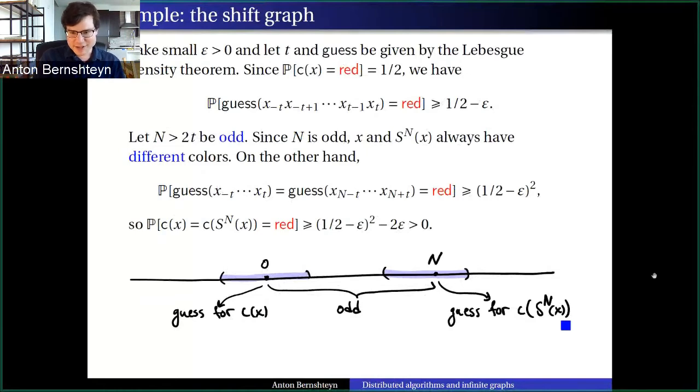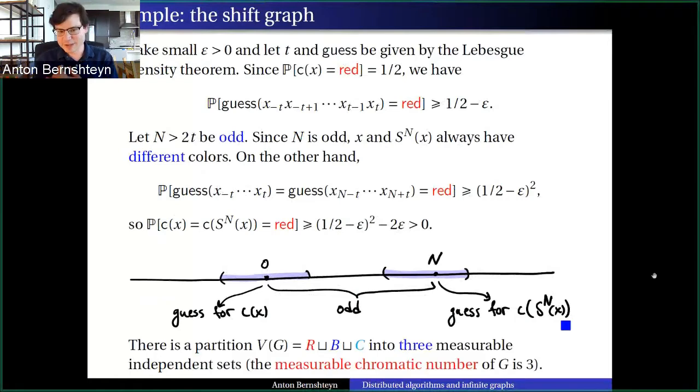Okay, just to wrap this example up, you can ask, so you cannot get the coloring with measurable color classes if there are 2 of them. How many do you need? And it turns out you can show that actually there is a partition of the vertex set of this graph into 3 measurable independent sets. The technical term for this is that the measurable chromatic number of this graph is 3.